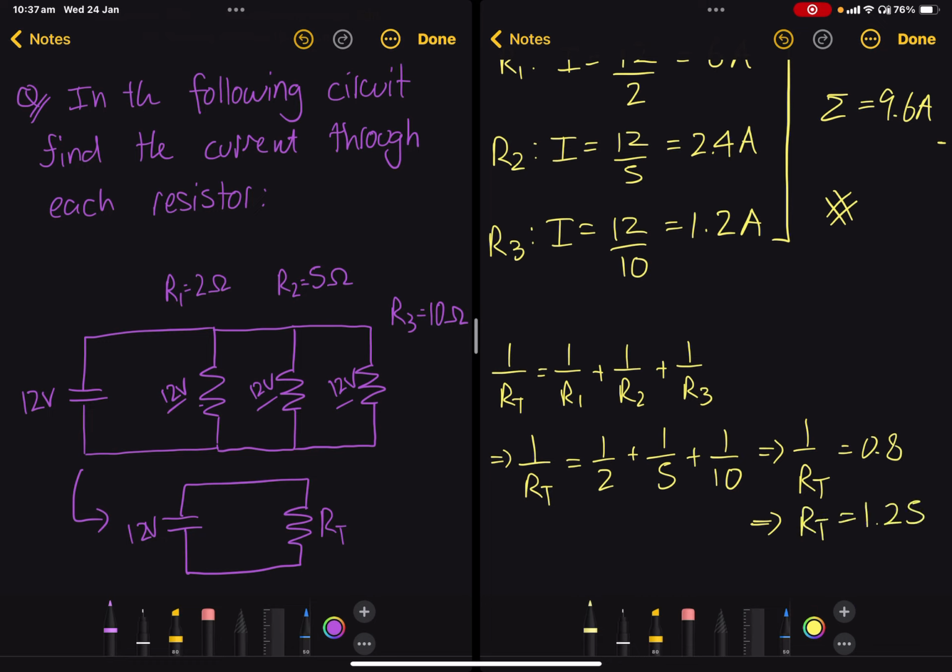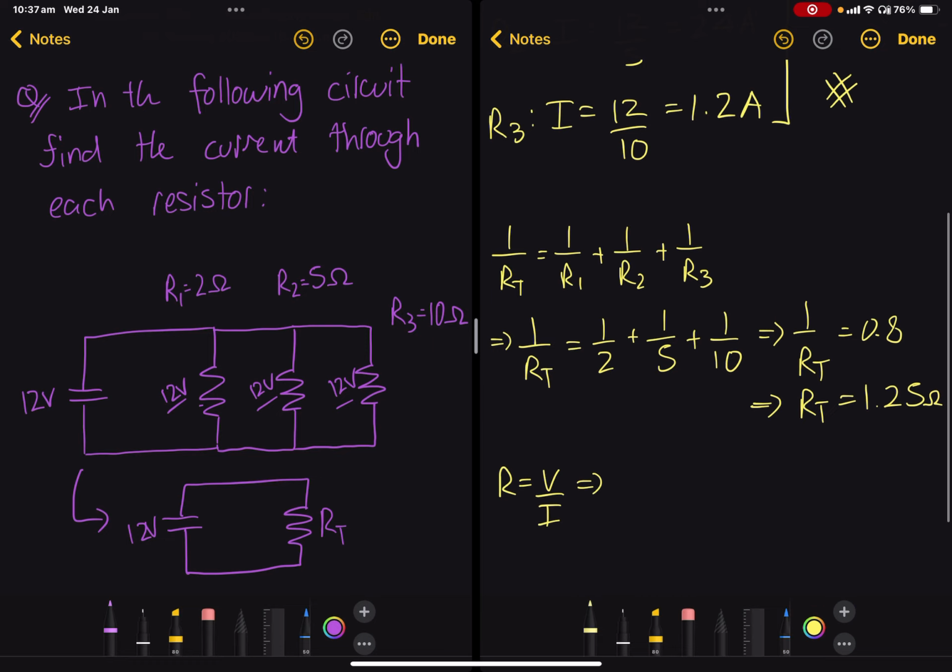And now we know from above R is V over I, and this implies I is V on R. So the current in this single resistor circuit should be 12 over 1.25.